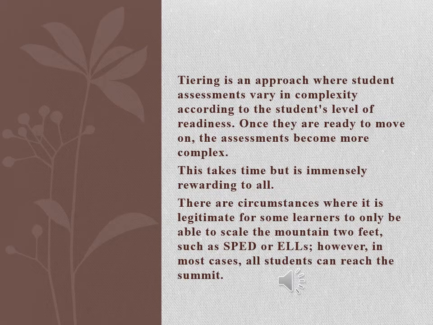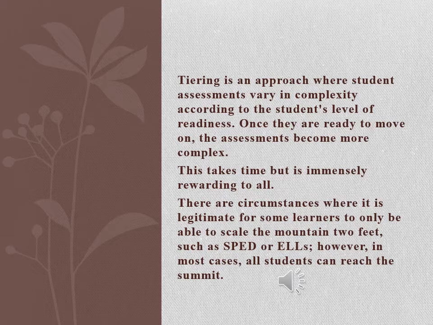Tiering is an approach where student assessments vary in complexity according to the student's level of readiness. Once they are ready to move on, the assessments become more complex. This takes time, but it is immensely rewarding to all. There are circumstances where it is legitimate for some learners to only be able to scale the mountain 2 feet, such as special education or English language learners.